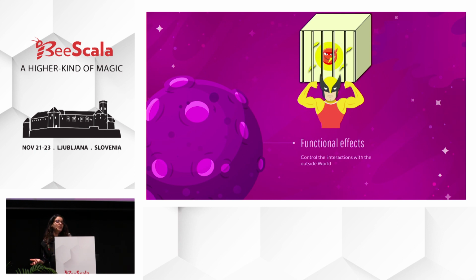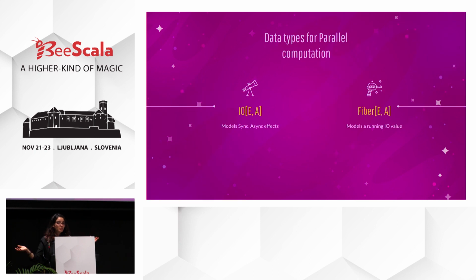Every effect will become a functional effect. It will be wrapped in an immutable data type. For example, in our case, the future will be wrapped in an effect. It will not be flying anymore, only when we decide to execute it.